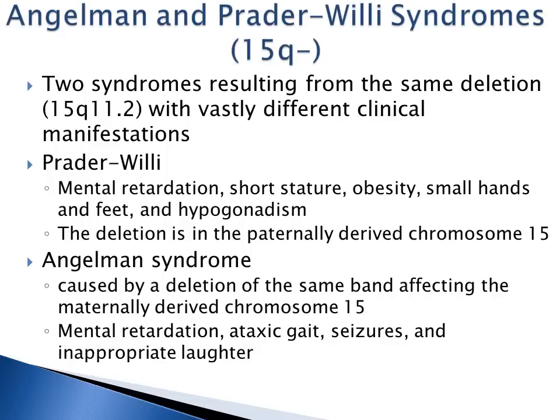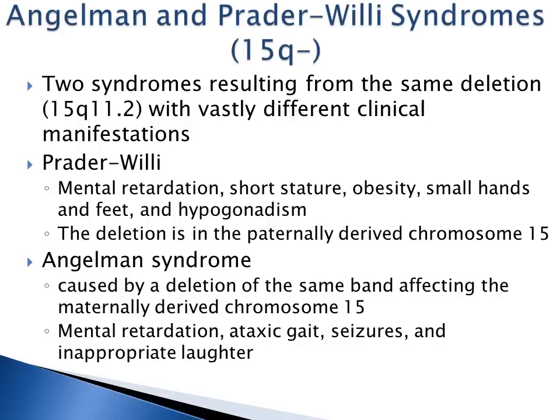Angelman and Prader-Willi syndromes are both the result of the same deletion on chromosome 15, with very, very different clinical manifestations. In Prader-Willi syndrome, you'd get mental retardation, short stature, obesity, small hands and feet, hypogonadism, and the deletion is on the paternally derived chromosome 15.